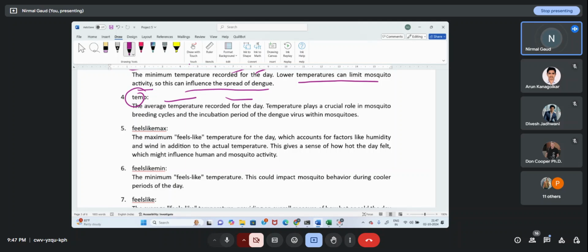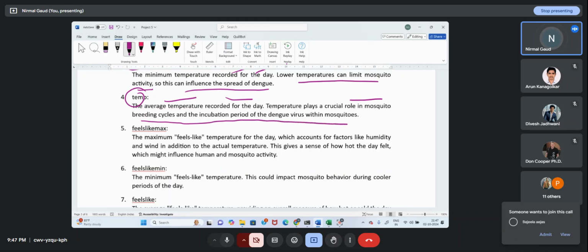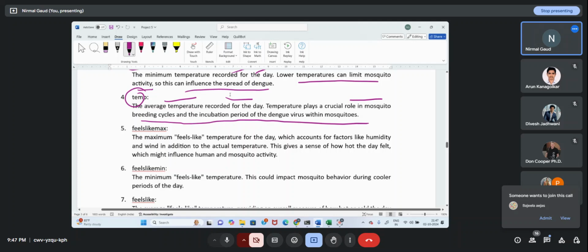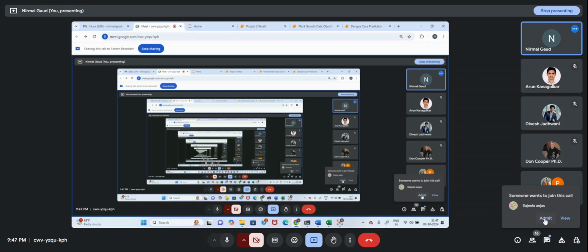So we have included the max, the min, and the average temperature. It plays a crucial role in mosquito breeding cycles and the incubation period for the dengue virus within the mosquitoes. So temperature is an important factor for us here.